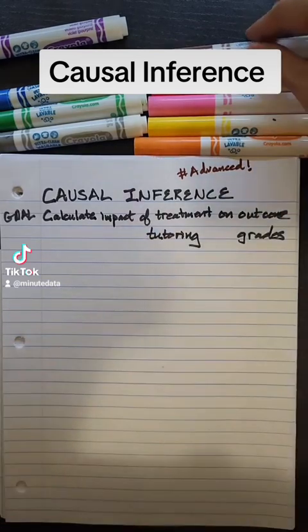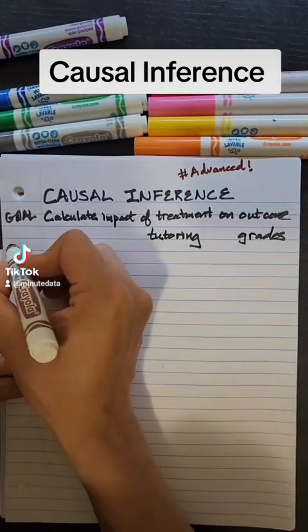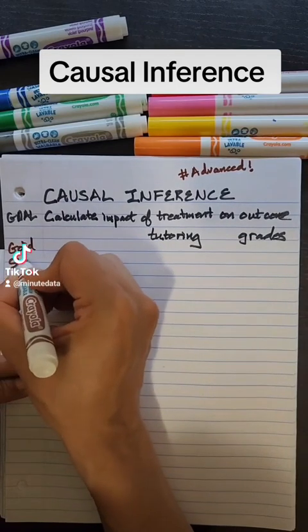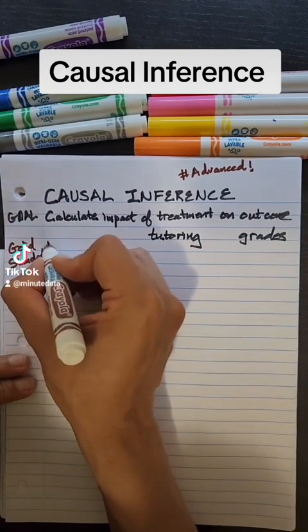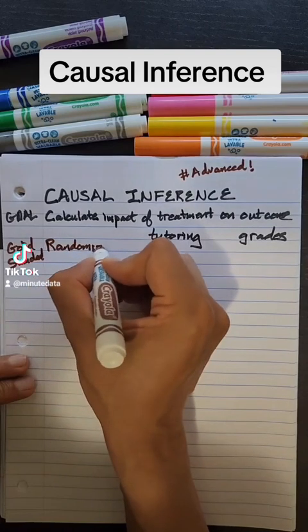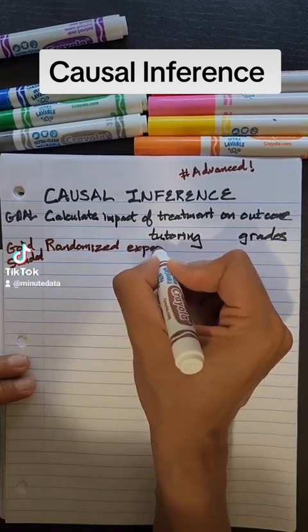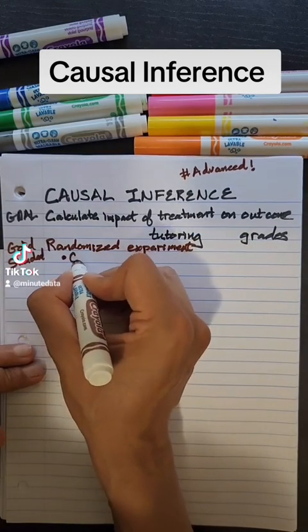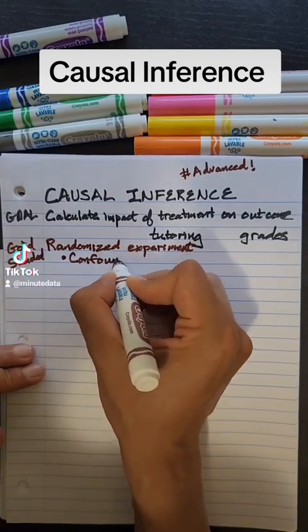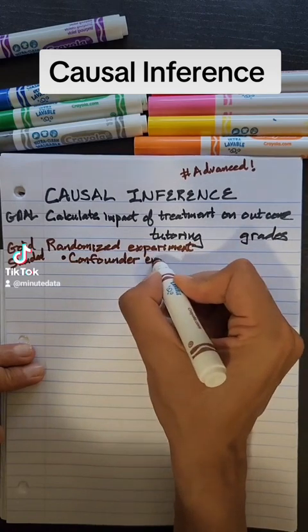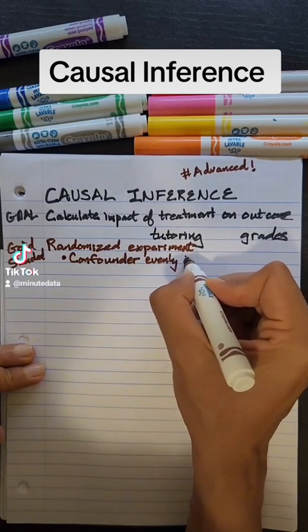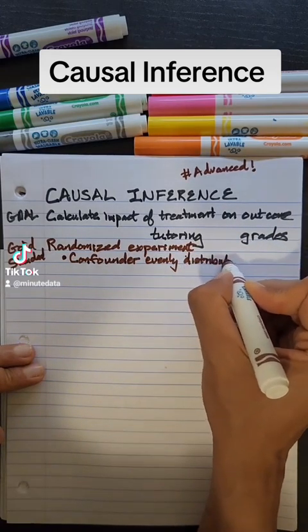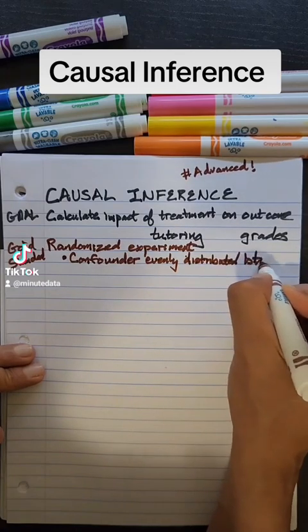Our current gold standard for causal inference right now is a randomized experiment. The key benefit of randomized experiments is that any sort of confounder is evenly distributed between treatment and control.